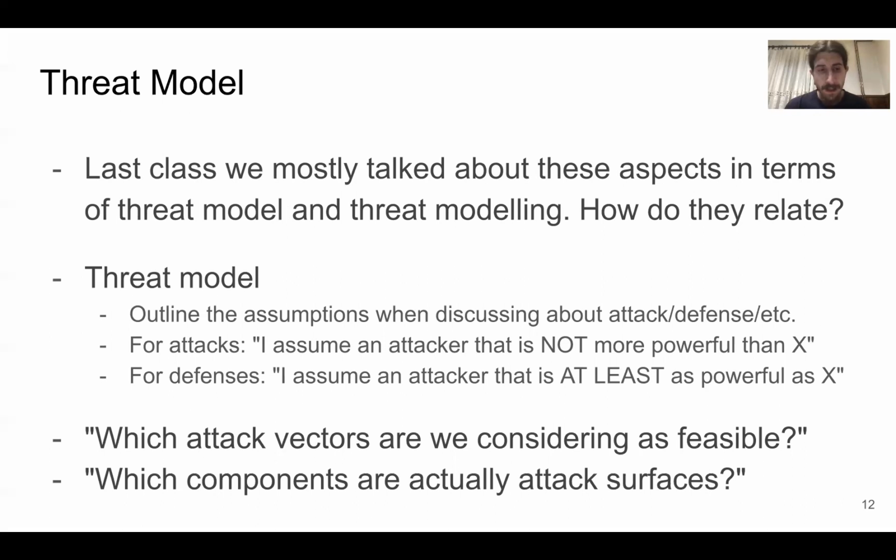Now, given a threat model, usually you can have questions like, which attack vectors are we considering as feasible, or which components are actually attack surfaces. So just to rephrase it, the point of these two or three slides is to make sure that we can relate terms like threat model and threat modeling, which we discussed last time, with the new terms that we discussed today, which are attack vector and attack surfaces.